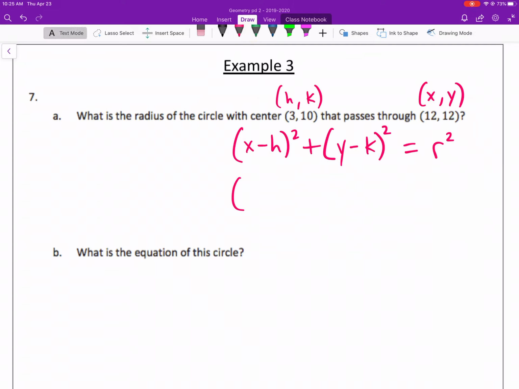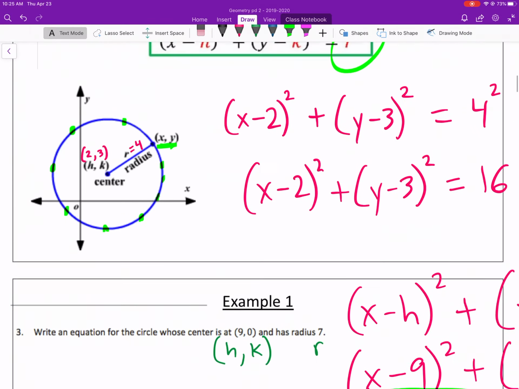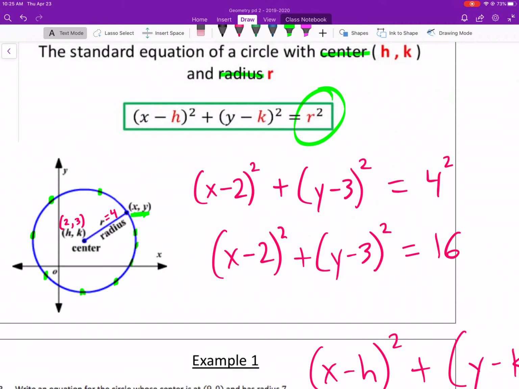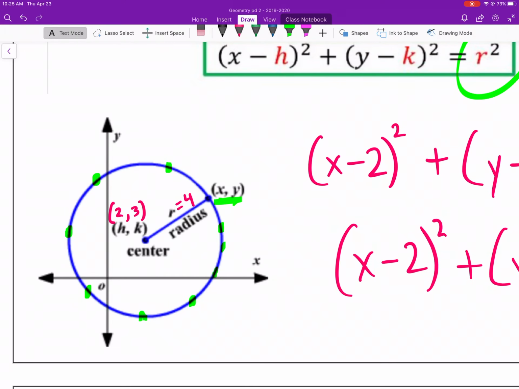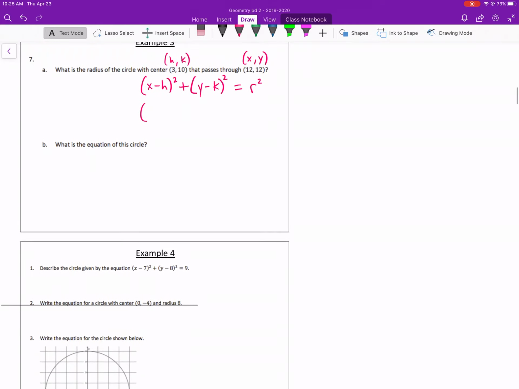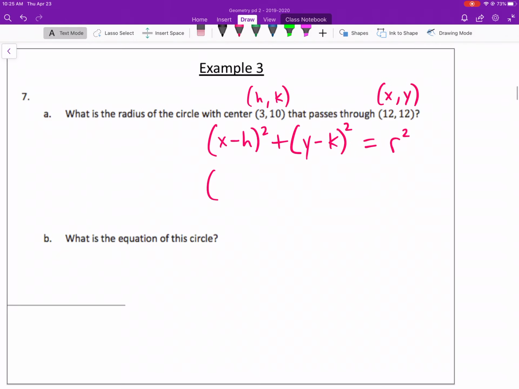Once again, we're looking for the radius right now. We're going to substitute the x and the y because we have one of these x, y values. So the x value would be 12 minus h, which would be minus 3 squared, plus y minus k.